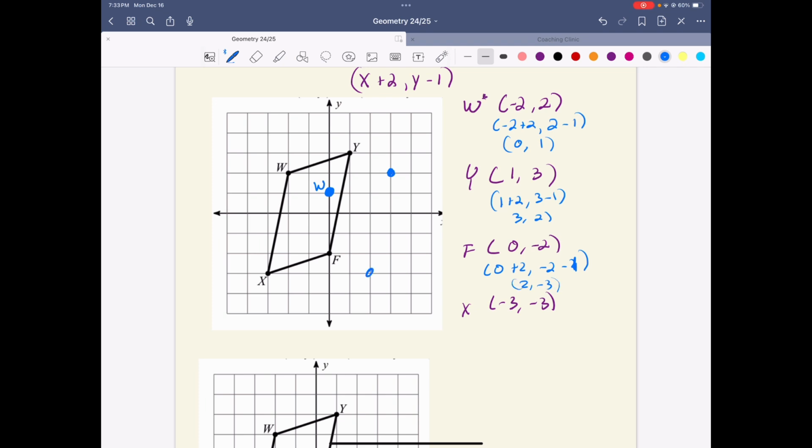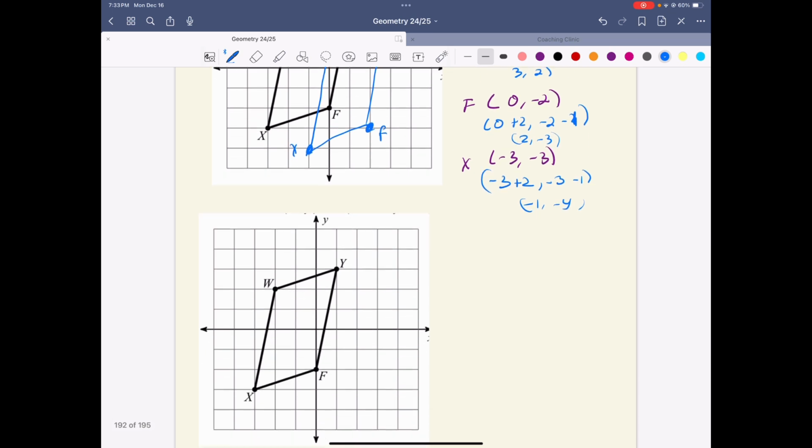So 2, negative 3 is right there. And the last one, negative 3, negative 3. So negative 3 plus 2, and then negative 3 minus 1. So negative 1, negative 4. So they're there. So this is my new drawing. And there it is. So that's W, Y, F, and X.